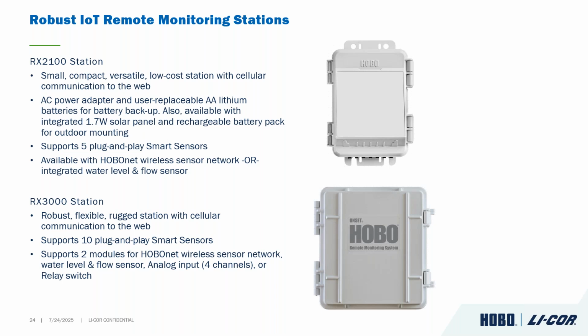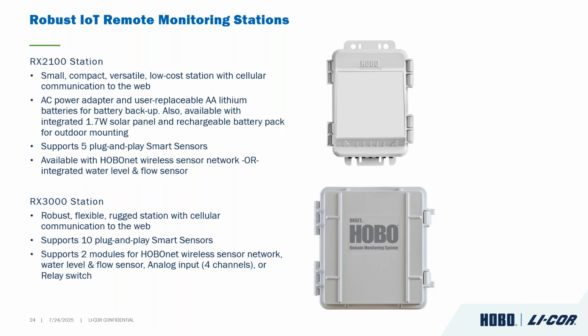So to get a little bit more into that, the RX2100 is a small, low-cost solution with cellular communication. This has AC power and solar power options with a battery backup. This supports 5 of our plug-and-play sensors, as well as has the capability of our HoboNet wireless sensor network, which I will get into shortly.